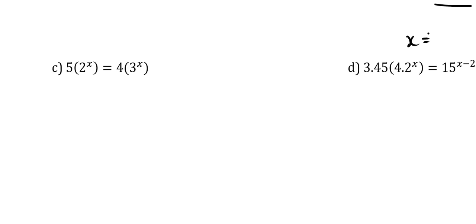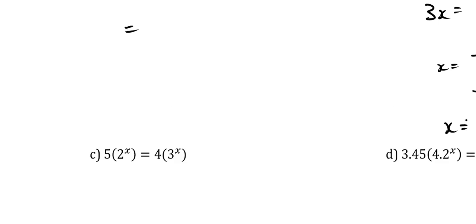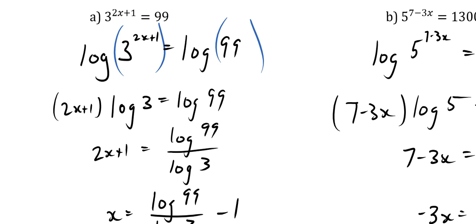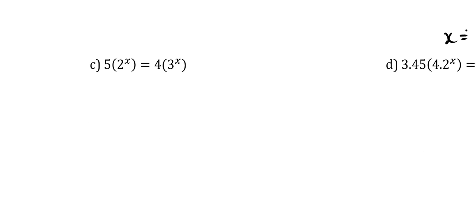Okay, this is the last kind, and you see we've got 2 of these. D is a little bit trickier because it's sort of a mix of both, but this is really the last kind. What do I do when I have 5 or something times like 2 to the x? These ones up here were just 3 to an exponent and maybe 99 to an exponent, or maybe not.